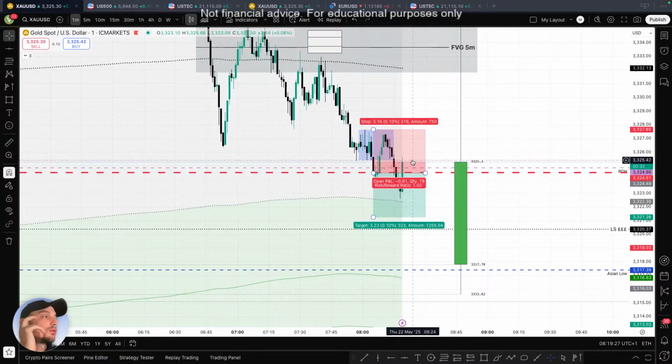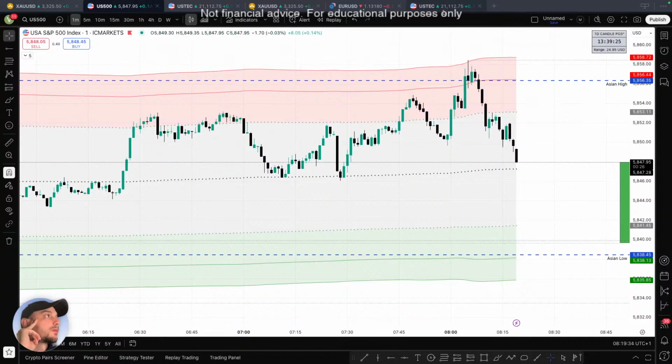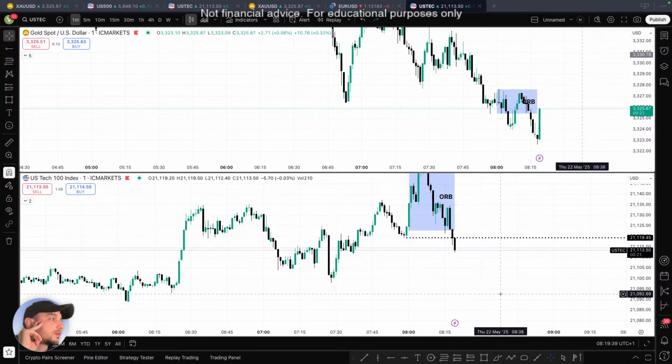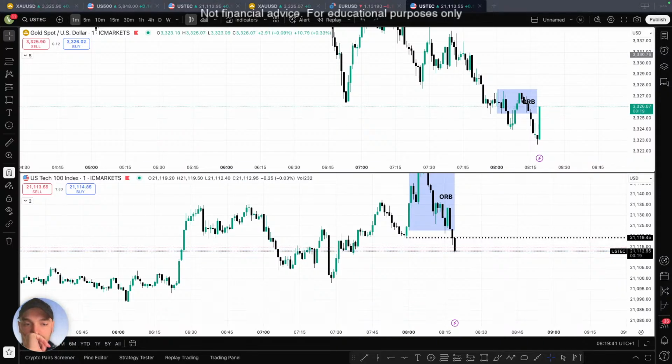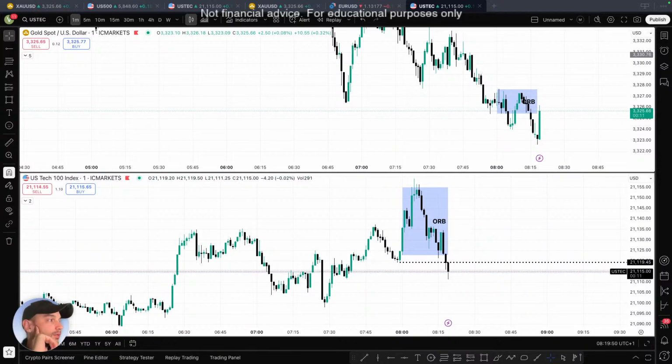But at least now we are running minus, so let's see how it's gonna play out. Okay, we're interested in Nasdaq now. Especially if it closed like this.